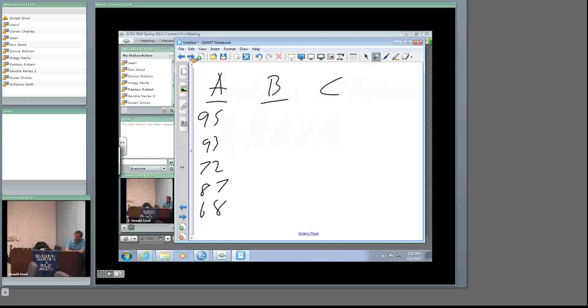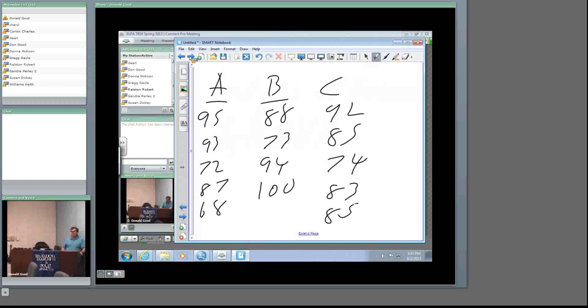B is 88, 73, 94, 100, and C is 92, 85, 74, 83, and 85. I've made these different size groups on purpose to show you that, if you'll remember back in an independent samples t-test, the groups did not have to be the same size. They don't have to be the same size for an ANOVA either.